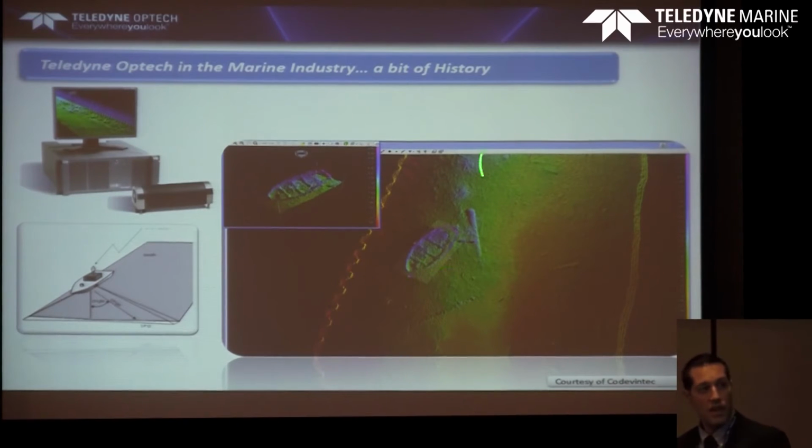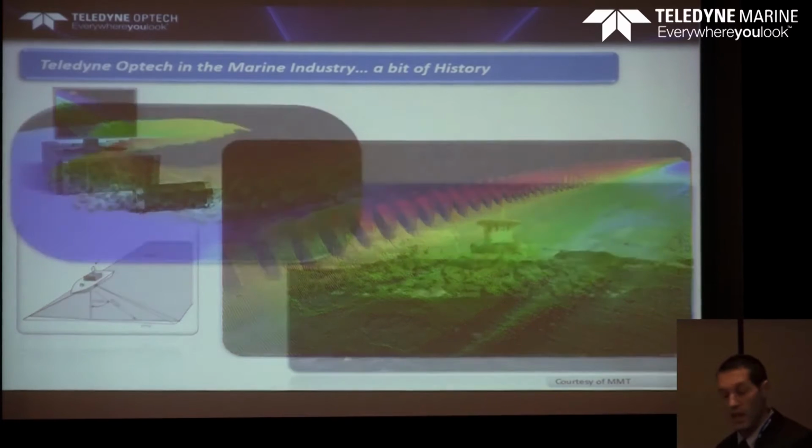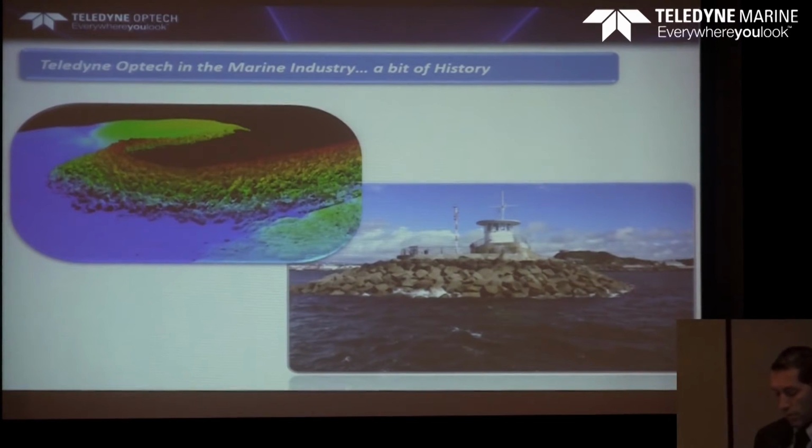You have very fine details of whatever you see on the seabed. Of course, you get a very nice data set, but you have nothing over the sea level. This is an example of what I'm talking about: the wavebreakers. Very nice details.